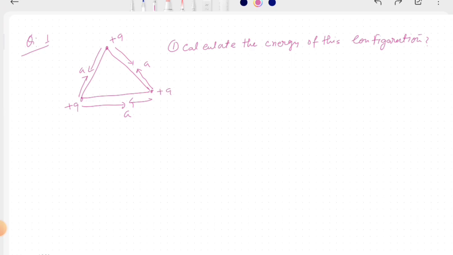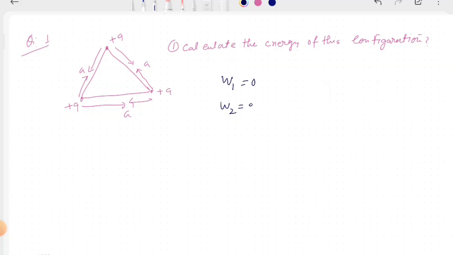First of all, we calculate the energy of the configurations. We already discussed how to deal with this type of problem. You pick Q1, Q2 and Q3 in your own way. When you take the charge Q1 from infinity, there is no work done, so W1 equals 0.